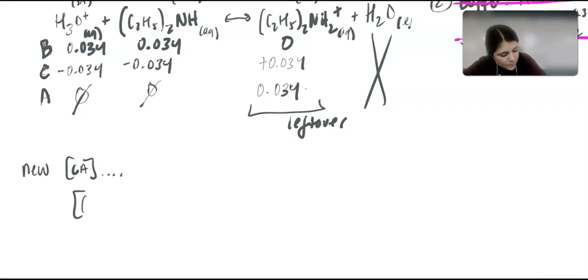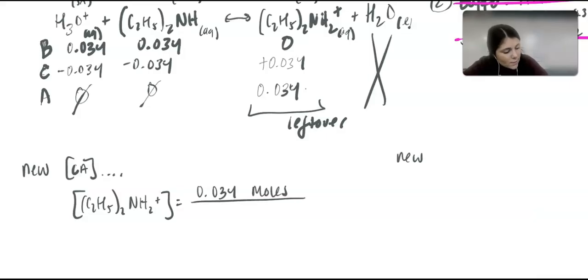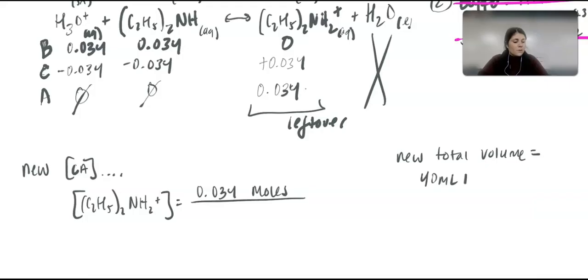So for C2H5NH2 positive, I have the moles left over. And we have to think there is a new total volume because two things were added together. So here, we're going to do 40 milliliters, and this is coming from the weak base, and then 48.57 milliliters, which is coming from this strong acid.